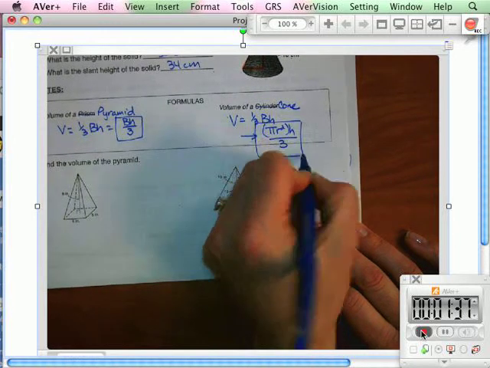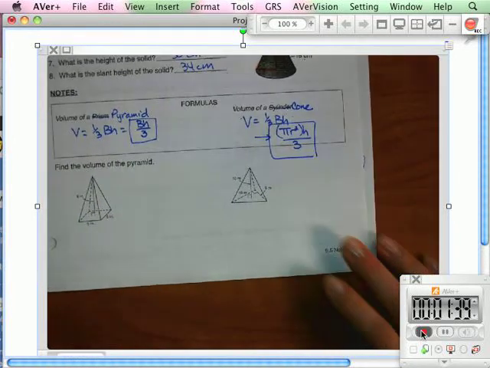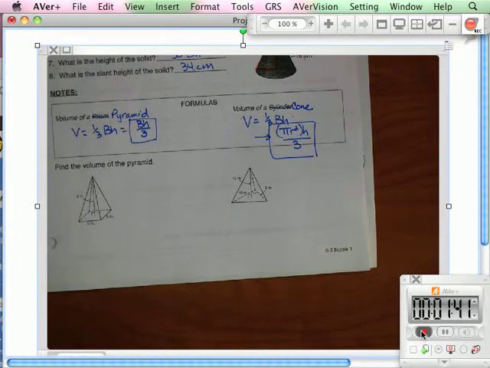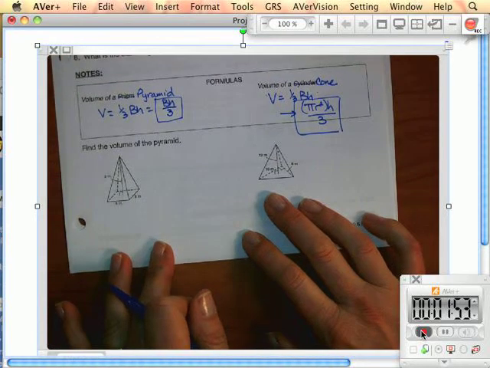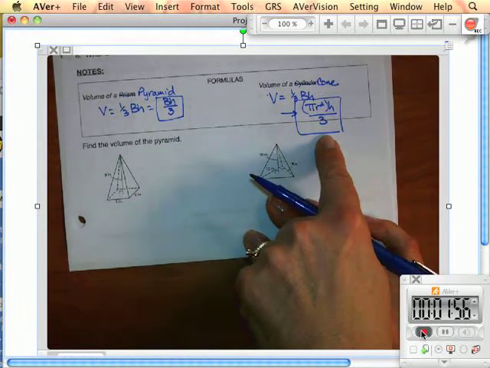That's how I'd write it on my green sheet, because the base is always going to be a circle in a cone. And you can use that green sheet on your test. So, all right, let's practice. On your green sheet, you should change it to this for cone. You don't have to, but it might be helpful.